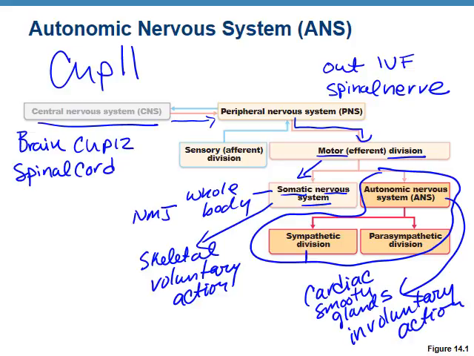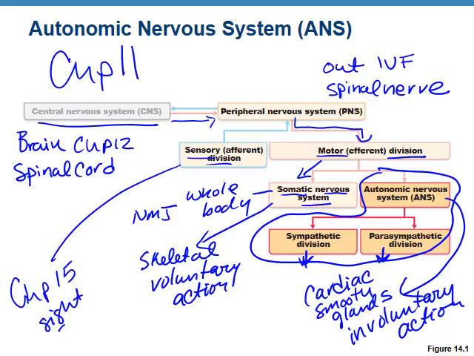And you can see that there are two subdivisions, sympathetic and parasympathetic, and we'll talk about them in more detail. If you're wondering about this sensory division, this is going to be Chapter 15. So what are we talking about? Sight, smell, sound. All of this is sensory information that goes to the spinal nerve, and then from the spinal nerve to the spinal cord, and then eventually to your brain. So we'll talk about those in Chapter 15.